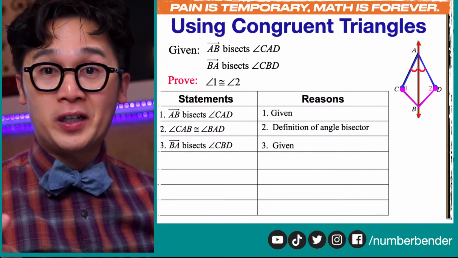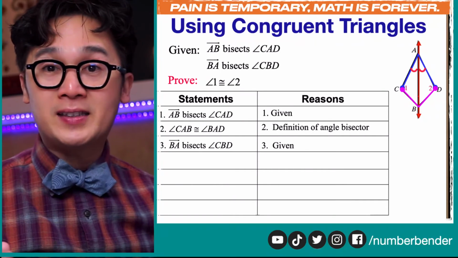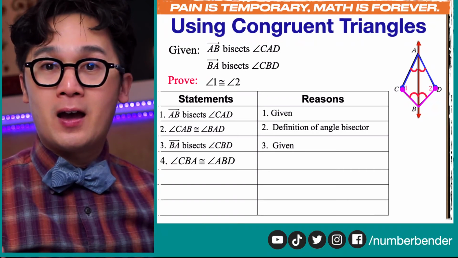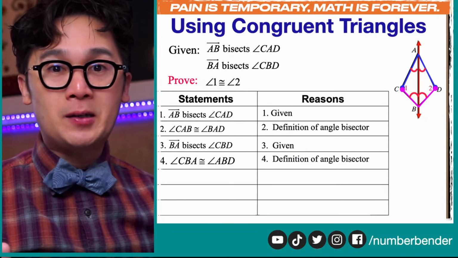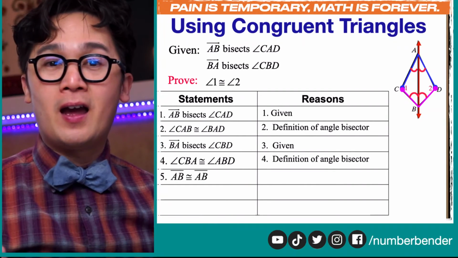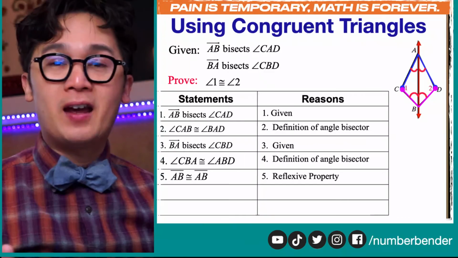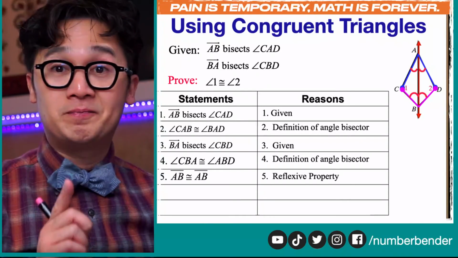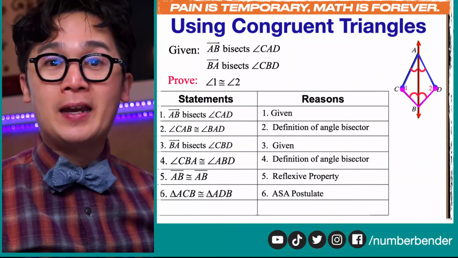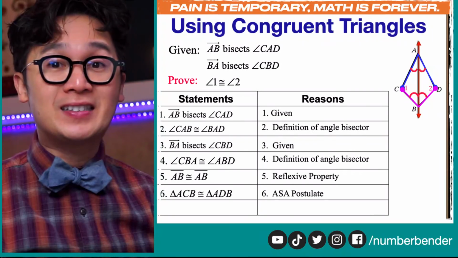So this is where we continued. We know that CBD has been bisected by this line segment. So we now have a congruent angle, which is CBA and ABD. And using our reflexive property, we'll be able to establish the congruency of the longest side of the two triangles, and we're able to prove that the two triangles are congruent using A as a postulate.